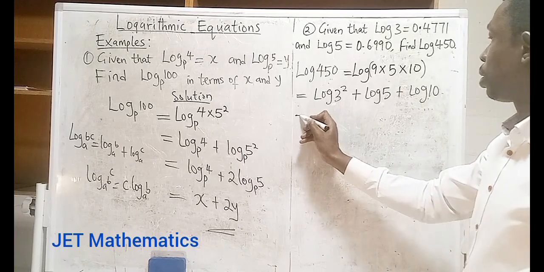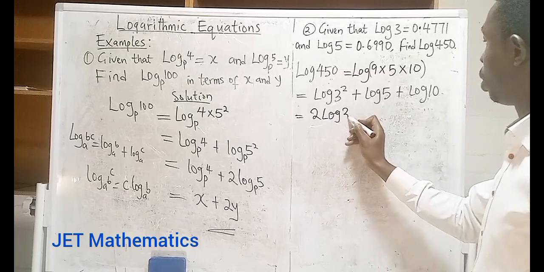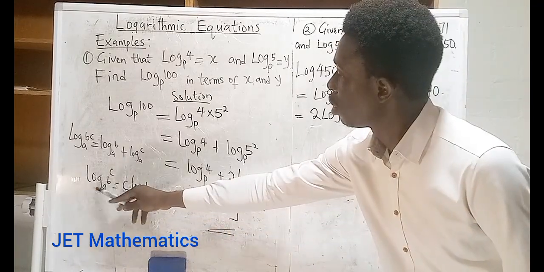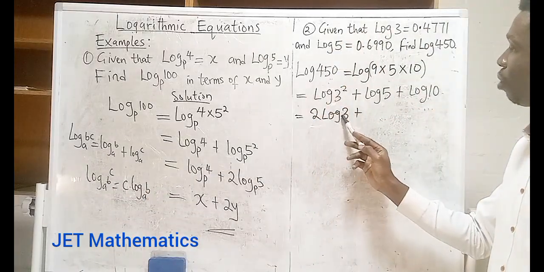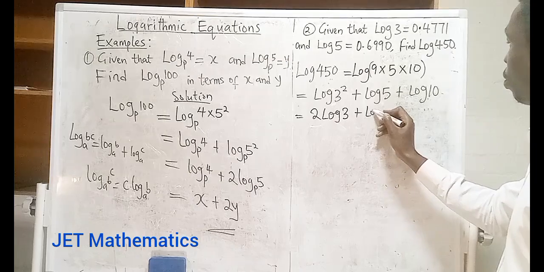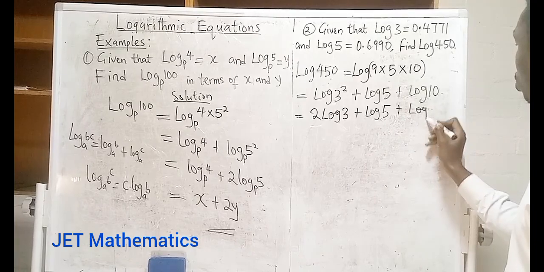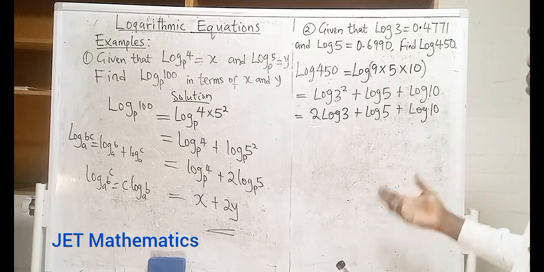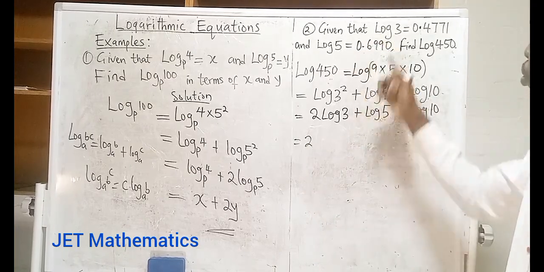Next, we can write this as 2 log 3, just applying the law we used here. The power goes to the front, so the 2 comes here. Remember, the base is 10 here. And then here we have log 5 plus log 10. We are good. So we're almost done. We just substitute.